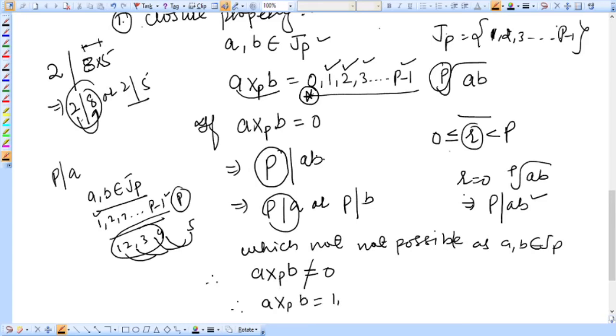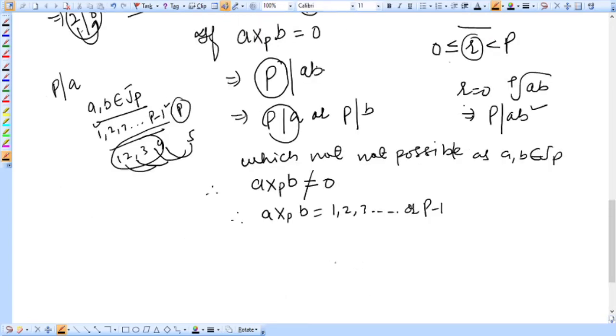Okay, so therefore we can write a multiplication modulo b is equal to 1 2 3 up to so on, और p minus 1 इनमें से ही कुछ होगा। ठीक है, so this implies a multiplication modulo p belongs to Jp, और ये सारे एलिमेंट Jp के एलिमेंट है। Therefore above set is closed, right? Under multiplication modulo p.